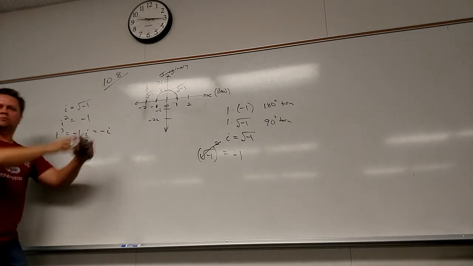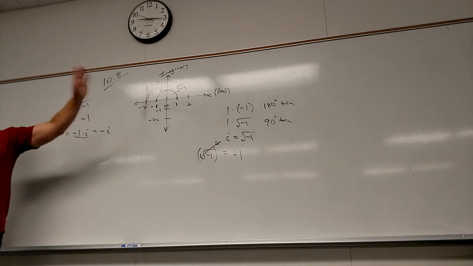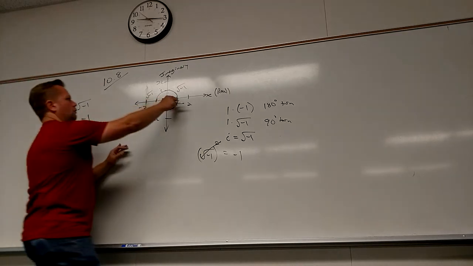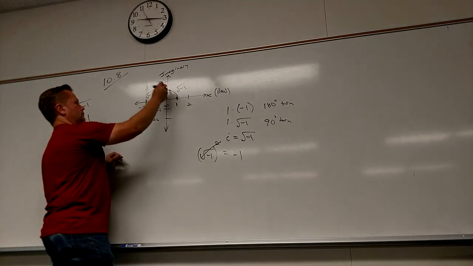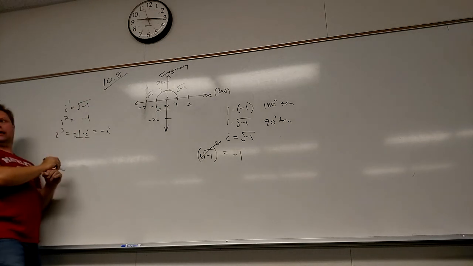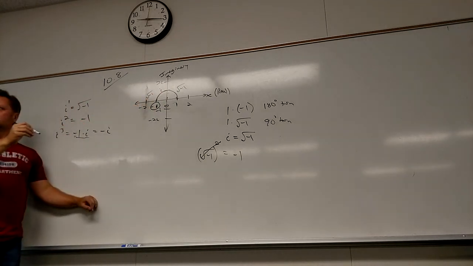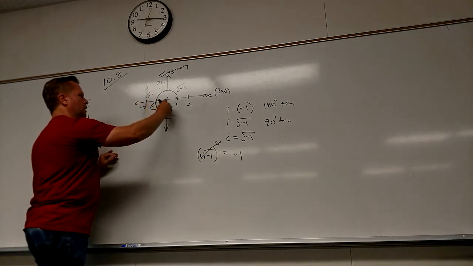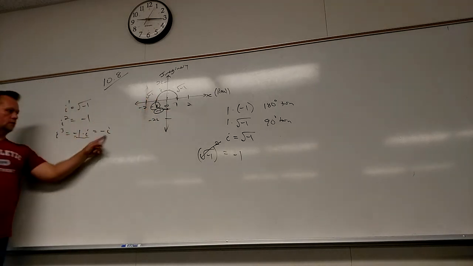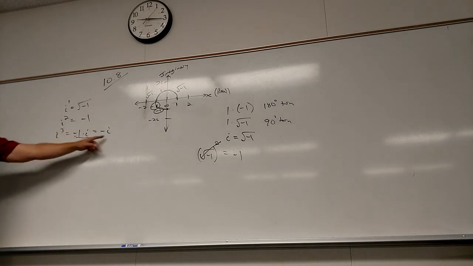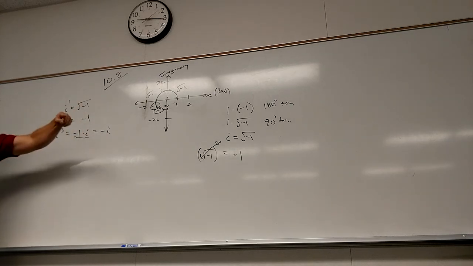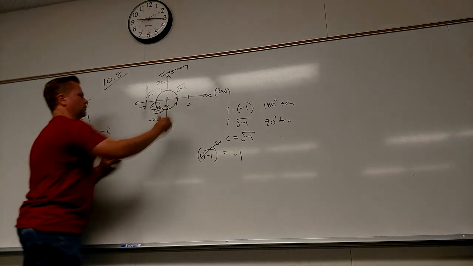And look here, real quick, please. This is why I love this picture. If I do one turn of i, it's i. So i to the first is i. If I do another turn, i squared, it's negative 1. If I do one more turn, where do I end up? Negative i. So 3 turns, I'm in negative i. And if I turn one more time, where do I end up?